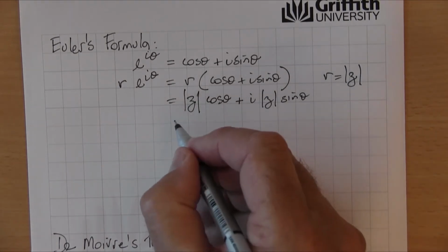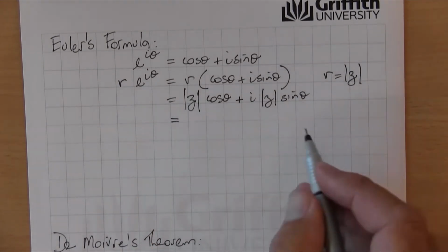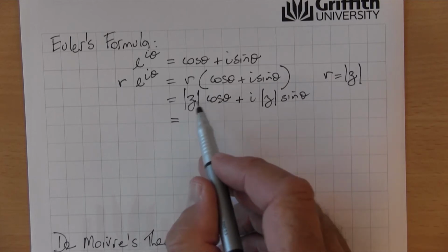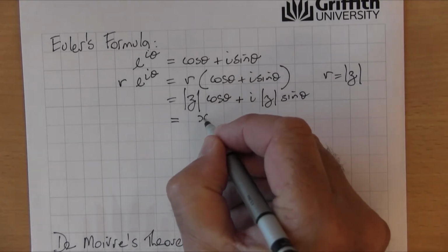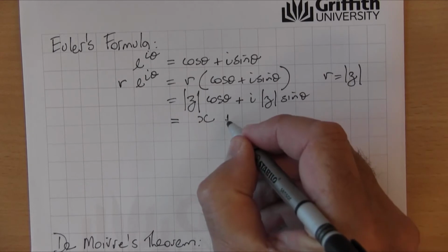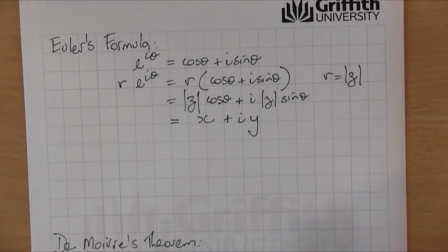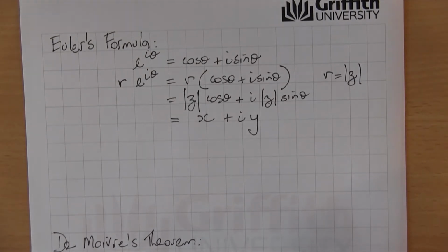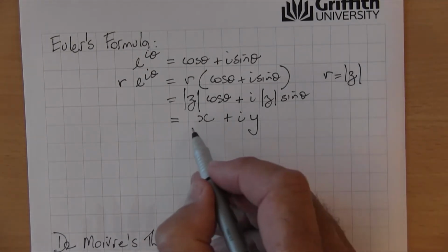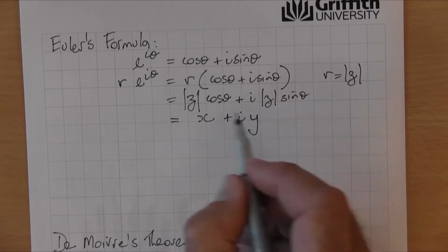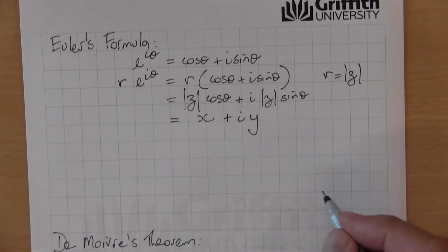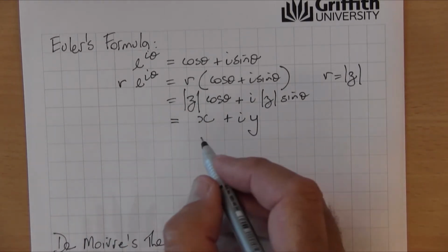But if we go back and look at the Cartesian form, mod z cos theta is simply the x value plus i, and mod z sine theta is the y value. So this is a more useful polar form. If we regard this as being the Cartesian form, this is a more useful polar form, as we're going to see later on.